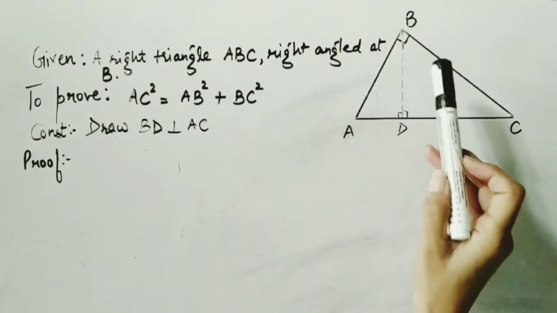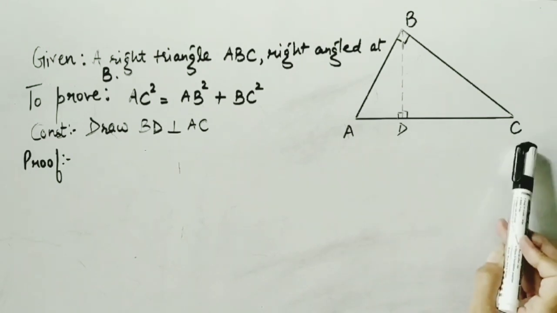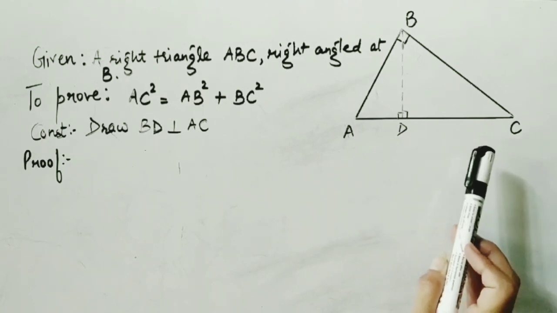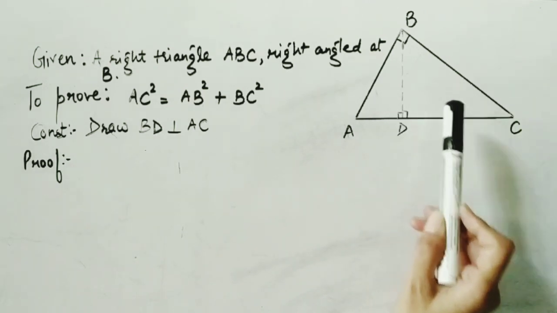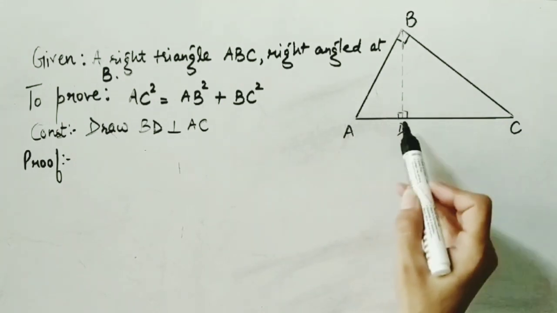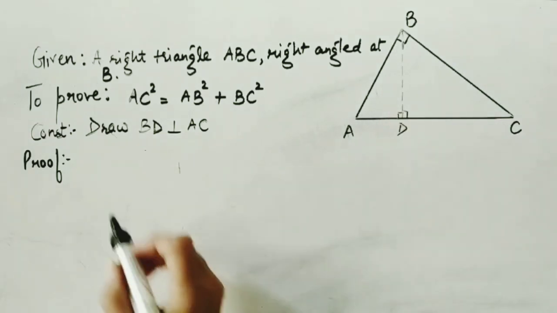Alright, construction has been done. BD is drawn perpendicular to AC. Now this triangle ABC, which was a right angle triangle, is further divided into two more right angle triangles. So let us now compare triangle ADB and ABC, and check whether they are similar or not.